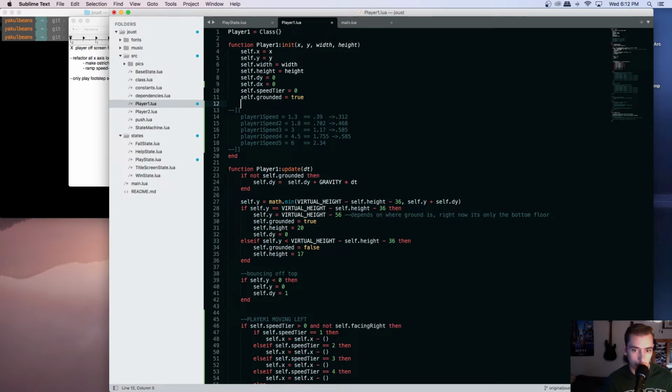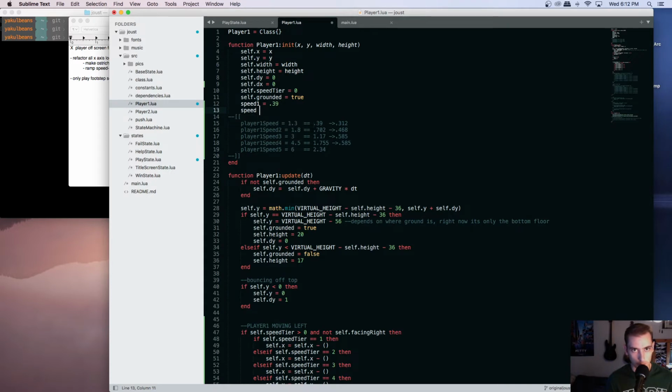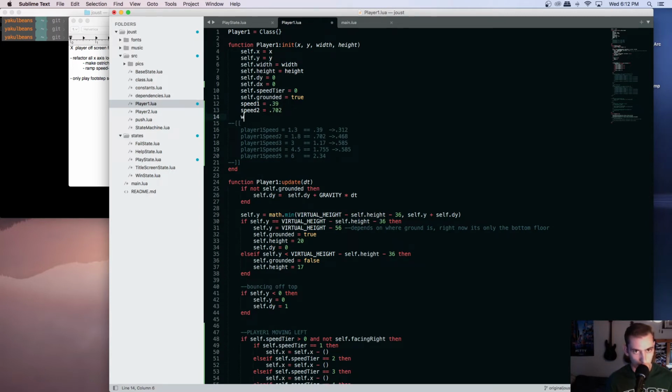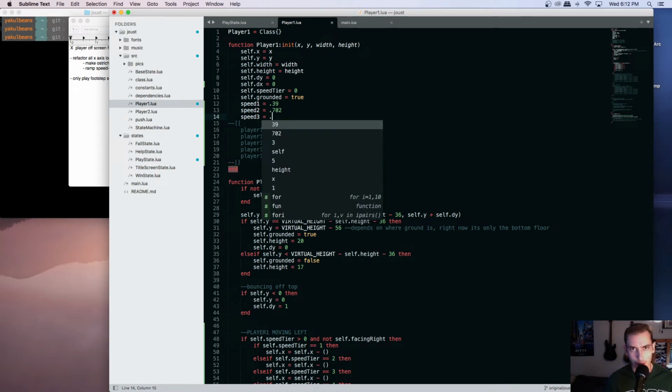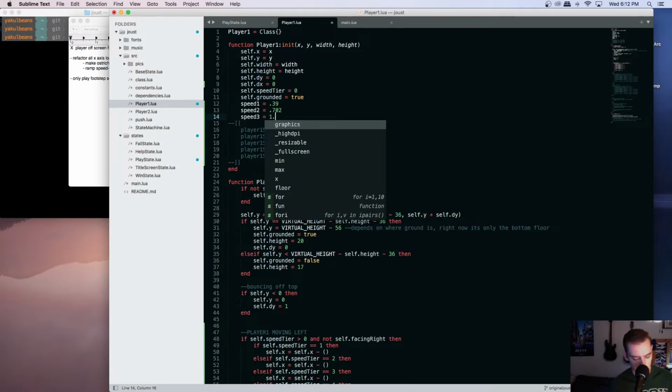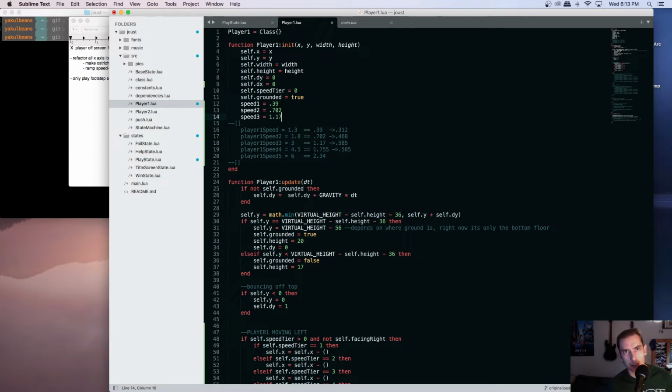Let me see if it'll let me do that. So speed 1 is a variable that gets... the tricky thing with this is I don't know if this will interpret correctly or just crash before I try it, because I should be able to just declare variables locally in this player 1 class, right?